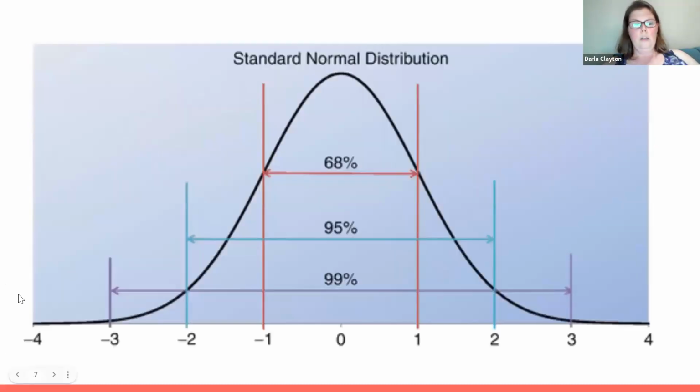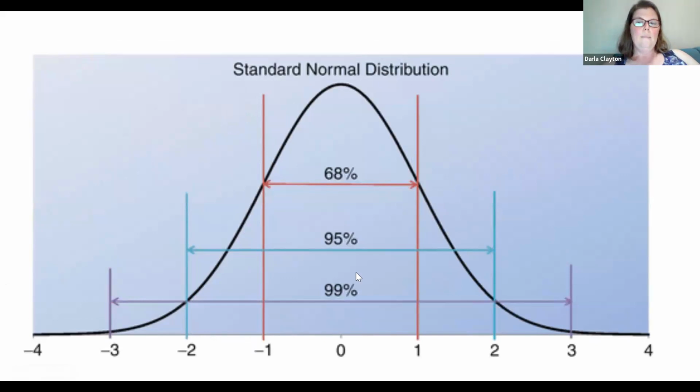All right, so I just wanted to show you the standard curve, the normal curve here. This is where the idea comes from, right, for these norms. And right in the middle is sort of what we're looking at. Most people don't fall directly in the middle, although that is where the largest number would fall. But 68% of people fall close to the middle.